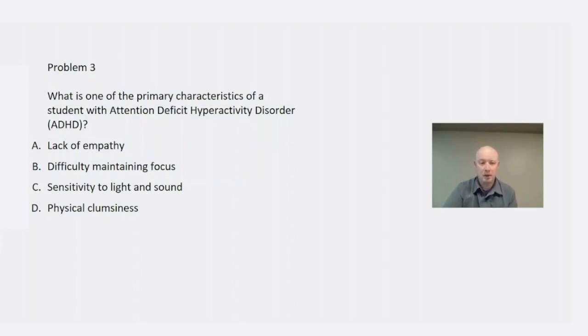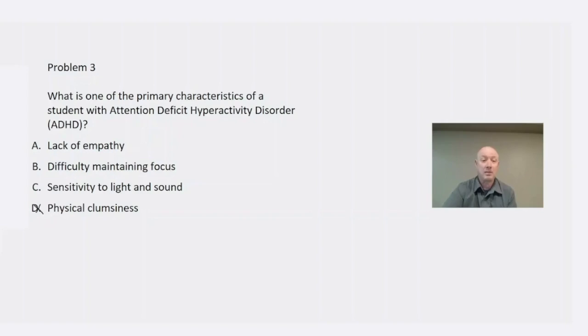Well, it is a neurodevelopmental disorder characterized by difficulty paying attention, excessive activity, or difficulty controlling behavior which is not appropriate for a person's age. So I'm going to eliminate choice D to start, physical clumsiness. Students with ADHD are sometimes your better coordinated, better athletically talented kids.